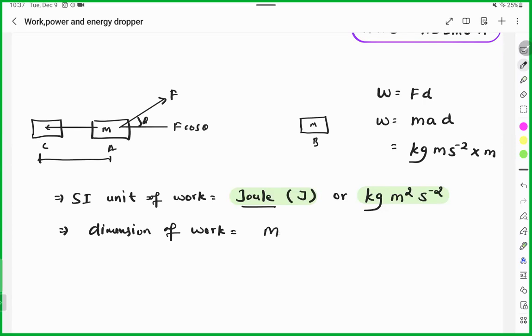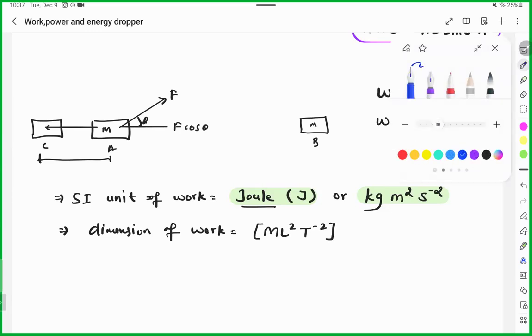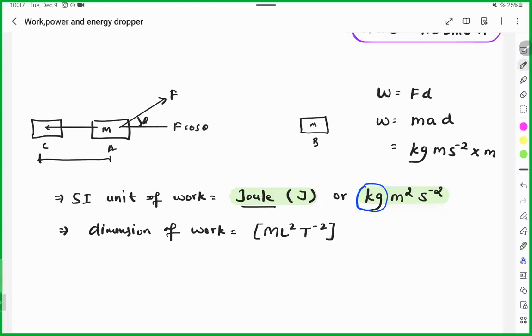Now you correlate with the simple basic unit. Here, kg is the mass form, so you write M. Meter is the length form, so L square, and time second square, T minus 2. You just wrote the same thing in M, L, and T, everything is the same with the same power. Looks easy. So, whatever topic we are reading, always write the SI unit in this form also. Then your dimension will become easy.